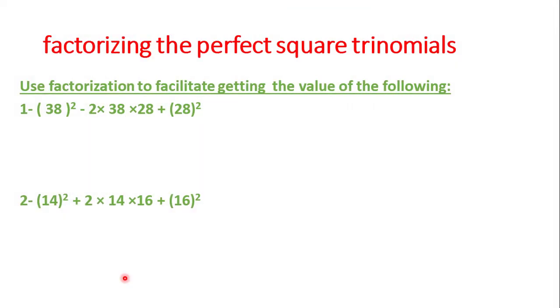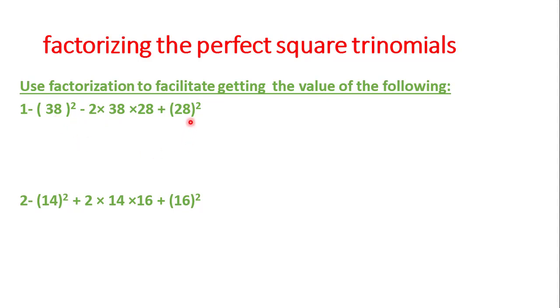We have here another exercise. In this exercise, I want to use factorization to facilitate getting the value of some numbers. Here, for example, I have 38 power 2 minus 2 times 38 times 28 plus 28 power 2. This is a trinomial, and this trinomial is a perfect square. The first is a perfect square and positive.